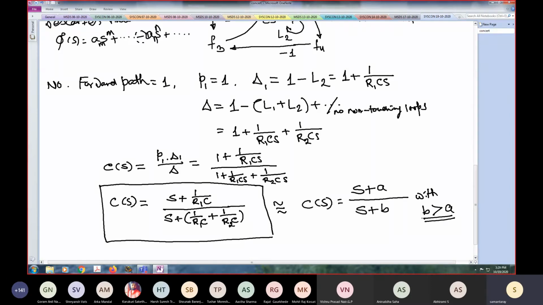So B is greater than A. This difference B minus A, you will learn, is an important parameter for the design of control systems. That will come later. So what we get is a transfer function of the kind S plus A by S plus B, which is a first order filter.